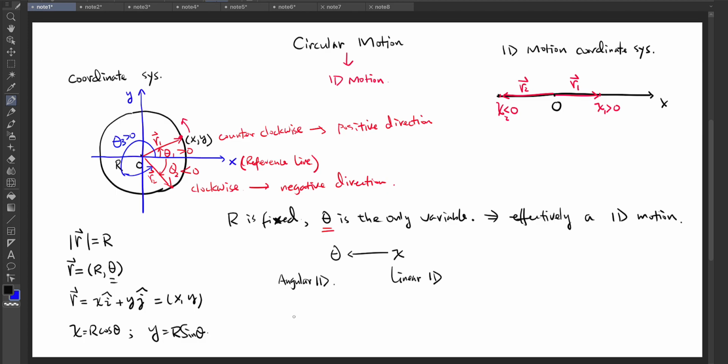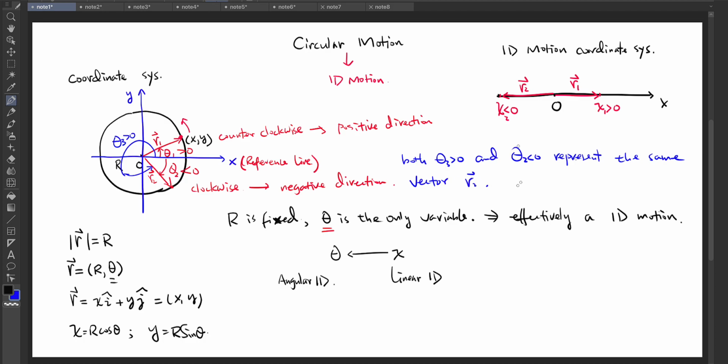Okay, so both theta 3, which is positive, and theta 2, which is negative, measured in the clockwise direction, they represent the same vector R2.